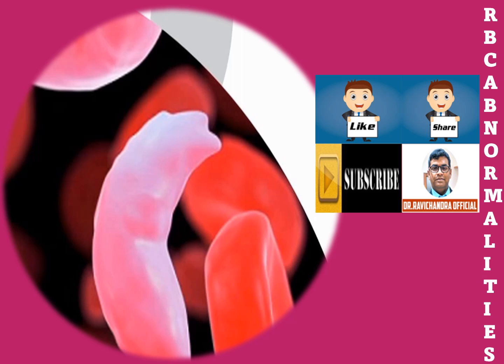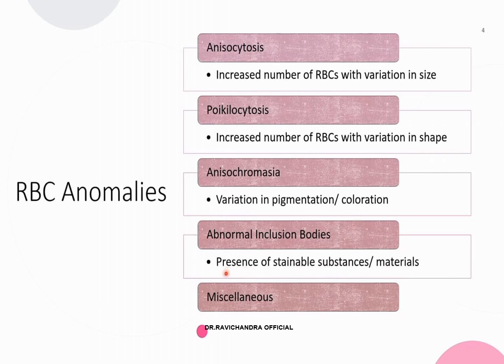Today, in this video, we will discuss a hematology topic, RBC abnormalities, which is very important from the theory and practical point of view. So, RBC anomalies are anisocytosis, poikilocytosis, anisochromasia, and abnormal inclusion bodies in red blood cells.